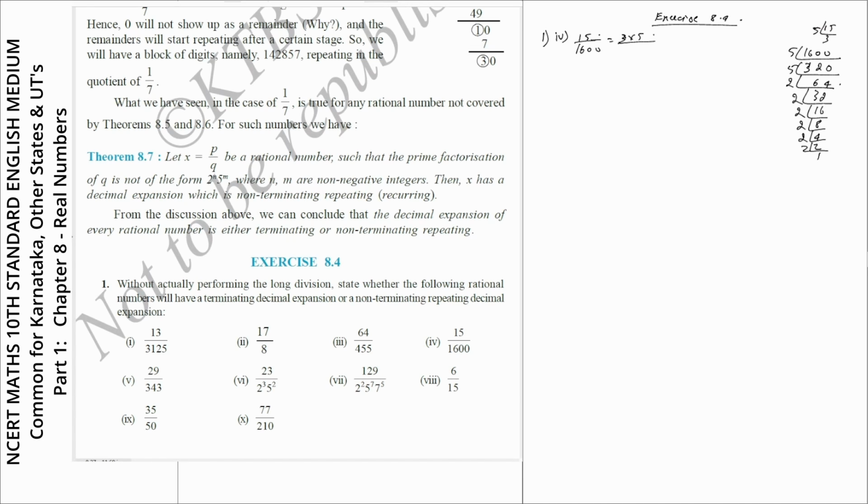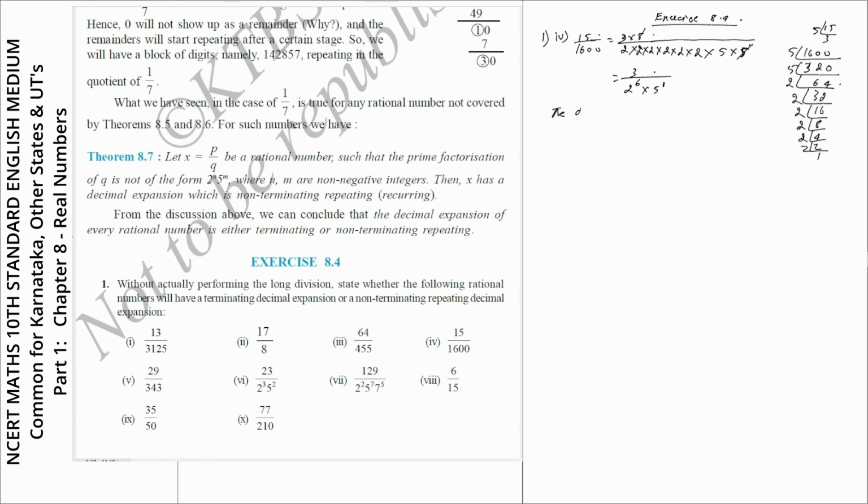Now this I can write as 2 power of 6 into 5 into 5. So here I can cancel the common factors. 5 will get cancelled. So here 3 by 2 power of 6 into 5 power of 1.